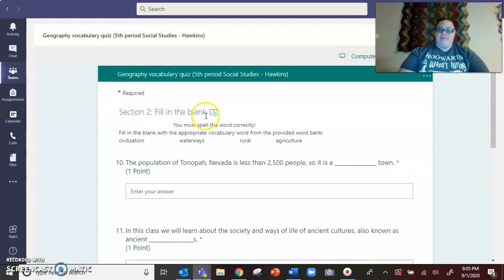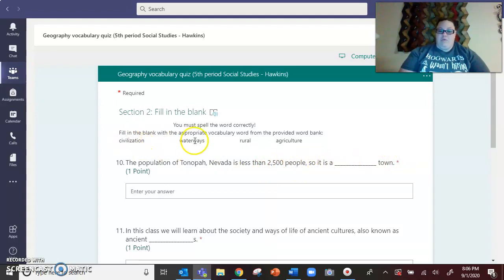Section 2, fill in the blank. You must spell the word correctly. Fill in the blank with the appropriate vocabulary word from the provided word bank. Civilization, waterways, rural, agriculture. So the next question. The population of Tonopah, Nevada is less than 2,500 people, so it is a blank town.